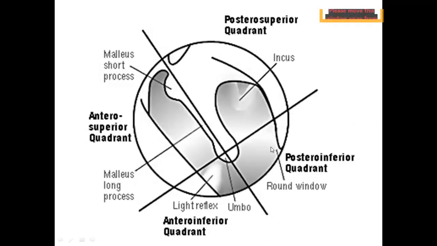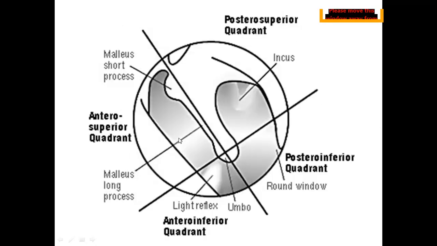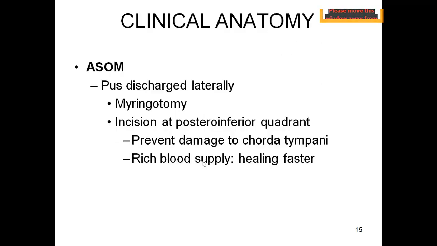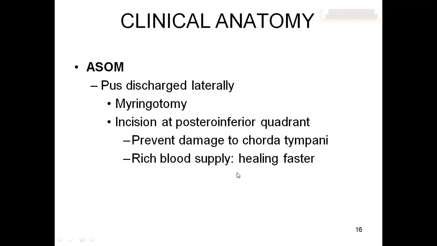We will allow the pus from the middle ear to drain. So why are we choosing the posterior inferior quadrant? Because we do not want to damage the chorda tympani, and it has a rich blood supply, hence healing is also very fast.